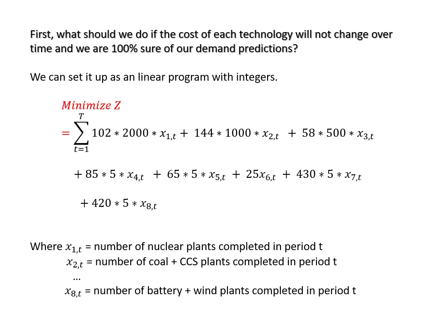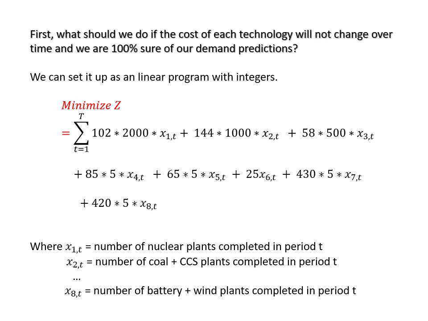So we can set it up as a mixed integer linear program here. We're trying to minimize the cost of meeting our capacity targets, and so for each choice about what technology we use, we have represented the levelized cost, the capacity per plant, and then a binary variable.